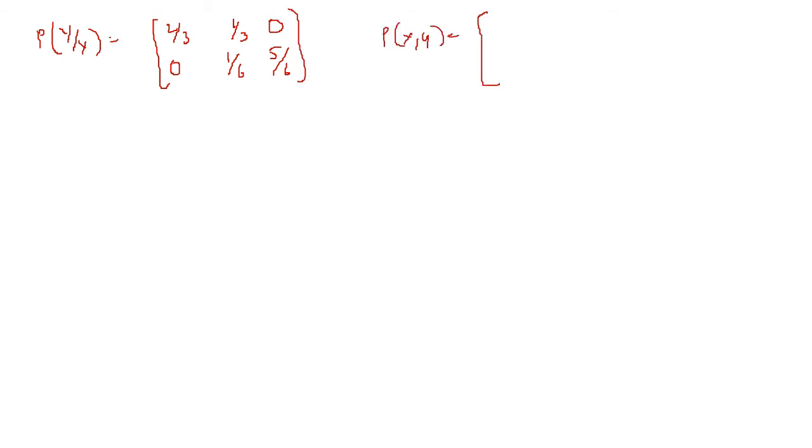Yes, now the channel matrix is P of y by x, which is given by the matrix 2 by 3, 1 by 3, 0, then 0, 1 by 6 and 5 by 6, and P of x comma y is given by the matrix 1 by 3, 1 by 6, 0, 0, 1 by 12 and 5 by 12.